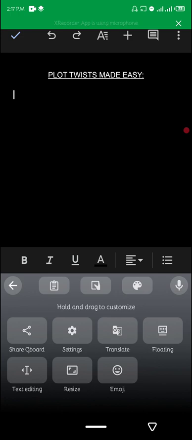Yeah. So now today we're going to be talking about another topic: plot twists made easy. Now I will explain something. All these things I'm teaching are from a course that I did, SFSC. They were in the free trial. So this is the visual demonstration of all those courses, of those lessons, idea generation and everything.